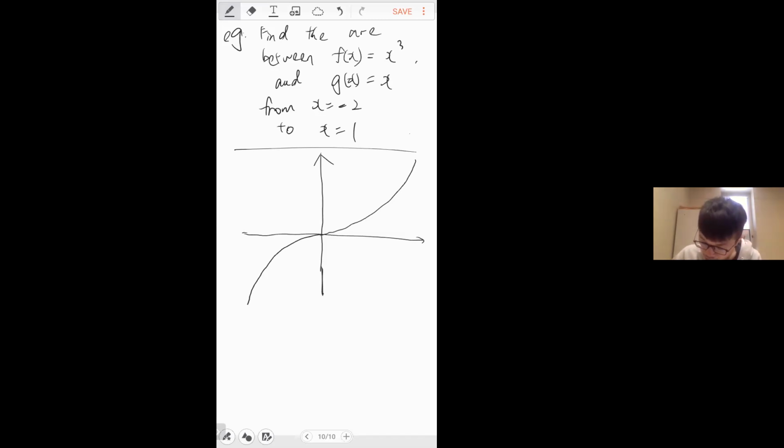And g of x equals x looks like this. So this is f of x, and this is g of x. Is it okay? And then you want to find out what are the intersection points. So I want to find out what is this one, and this one.